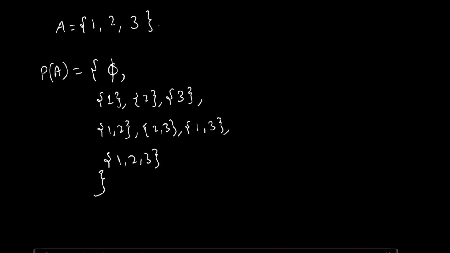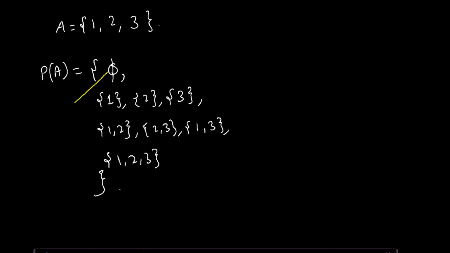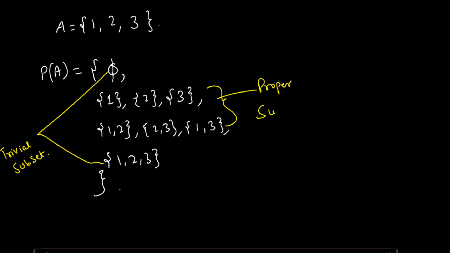So this is the power set of A. This and this, they are trivial subsets, and all of these, they are proper subsets. Okay. So how many subsets are there? Now what is the number of elements in the power set of A? In this case, as you can see, it is 1 plus 3 is 4, plus 3 is 7, plus 1 is 8. It is equal to 8.